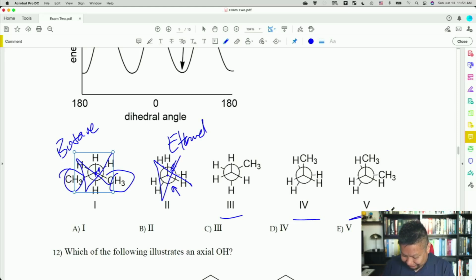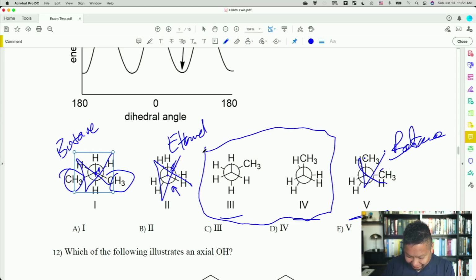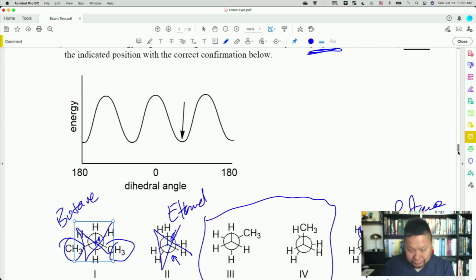But over here, that can't be it either, because you have 1, 2, 3, and the one behind it, so that's 4. That's a type of butane, like a tert-butyl. So none of those. You're only left with these 2 right here. These are your only options, and they're actually propanes. Got to read the question and remember, it's asking for a propane.